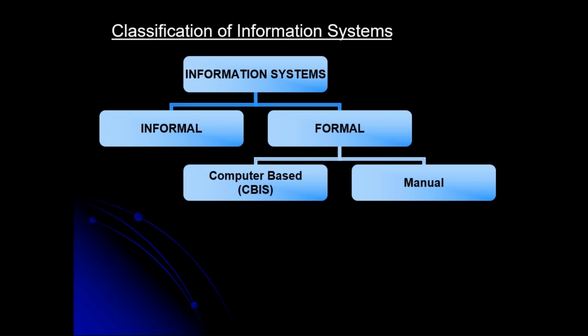Based on the characteristics of the person who listens, the way of processing, storing and distribution changes. But in formal information systems, whether computer-based or manual, there are standard steps, a standard procedure for you to follow. That's why we call them formal information systems.